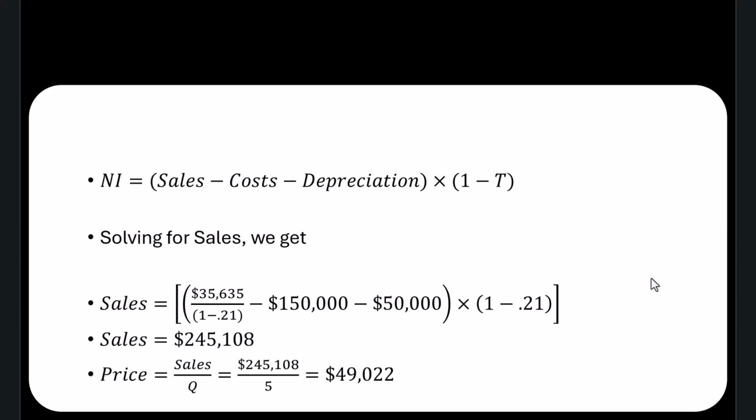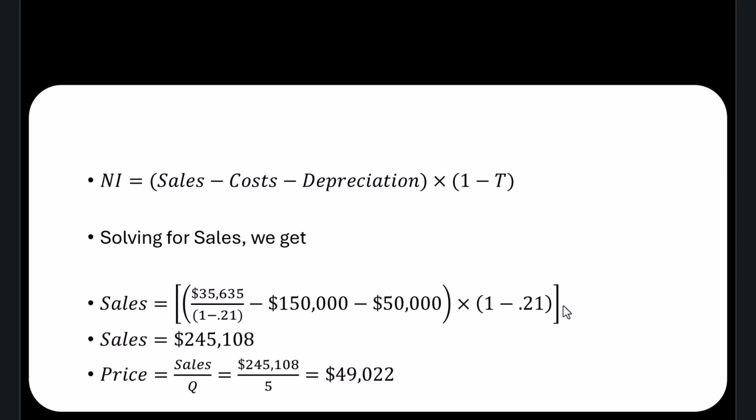Well, we know that net income equals sales minus costs minus depreciation times 1 minus the tax rate. If we solve for sales, we're going to get this right here. We're going to have net income divided by 1 minus the tax rate, plus the cost plus the depreciation.